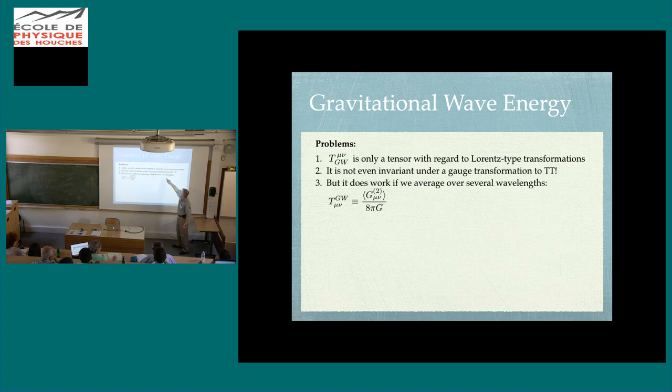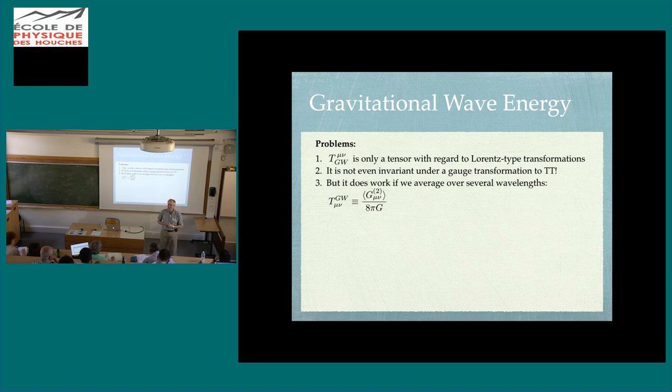But it does work if you average over a few wavelengths. The trick is that there are terms in it that give you trouble when you try to transform to transverse-traceless coordinates, but those terms average out to 0.